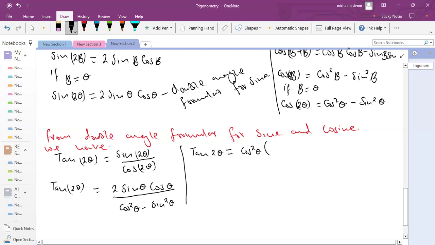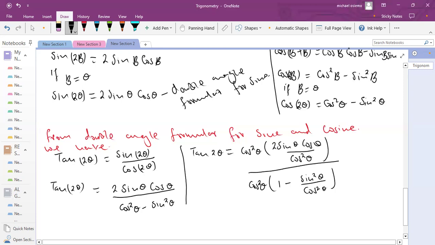We shall remain with what? 2 sin theta cos theta divided by cos squared theta over cos squared theta into 1 minus sin squared theta over cos squared theta.